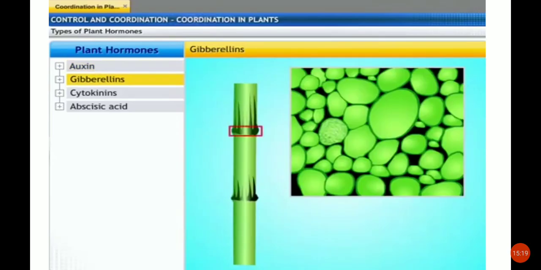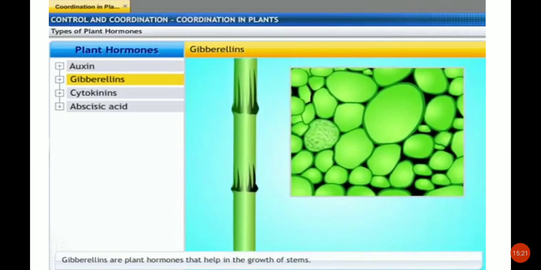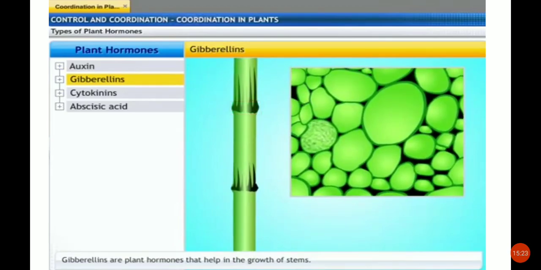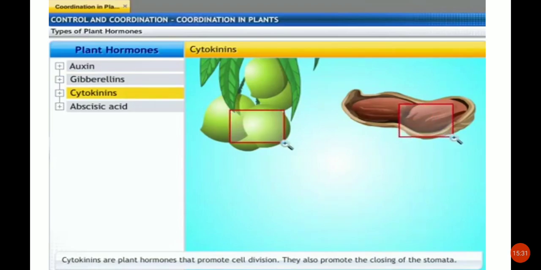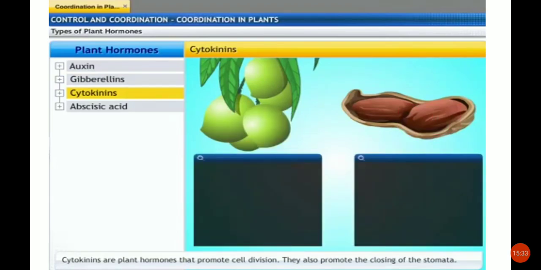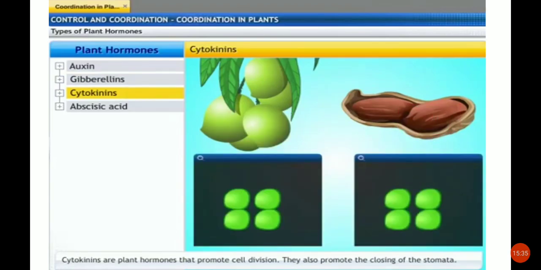Gibberellins. They help in the elongation of internodes and play a role in the growth of the plant along with auxins. Cytokinins promote cell division. They are present in large numbers in areas of rapid cell division, such as fruits and seeds.